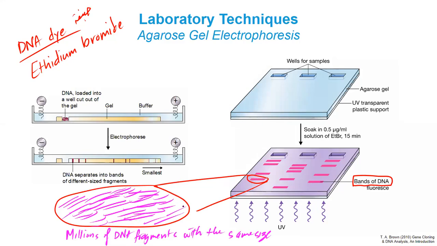Of course, they are double stranded. I just don't want you to get confused, but we cannot see them with the naked eye. We can see these DNA fragments as a group like this, as a band. All the DNA fragments here have the same size. All the DNA fragments here have the same size.